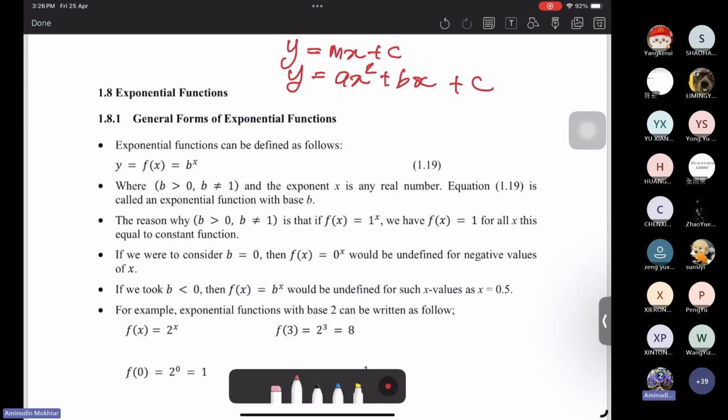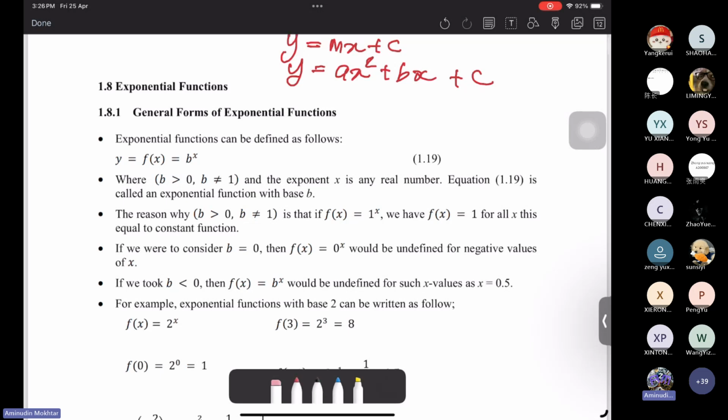Today I will explain the exponential function. What is an exponential function? In general, the function can be written as equation 1.19.